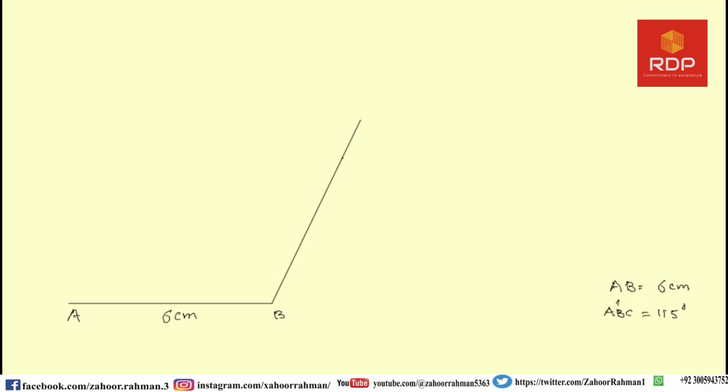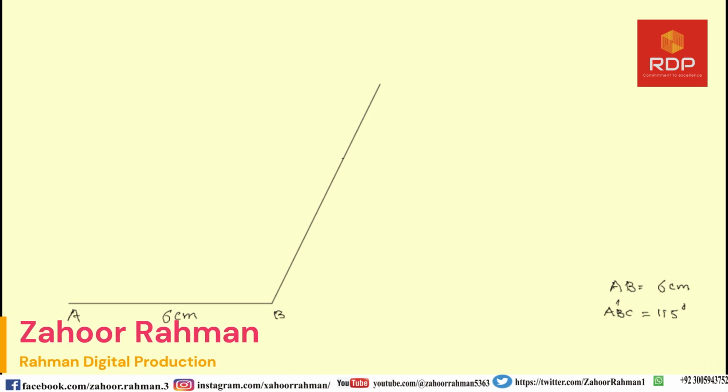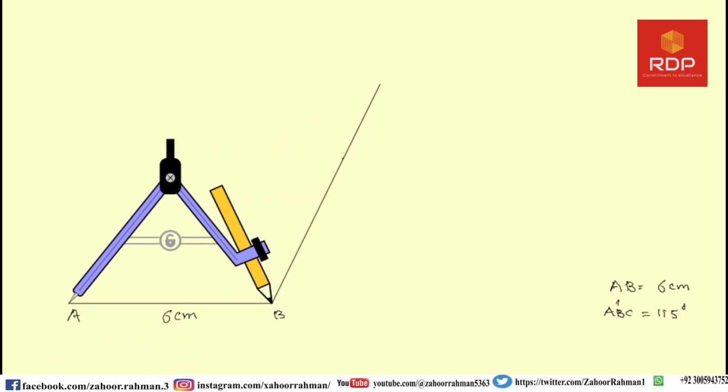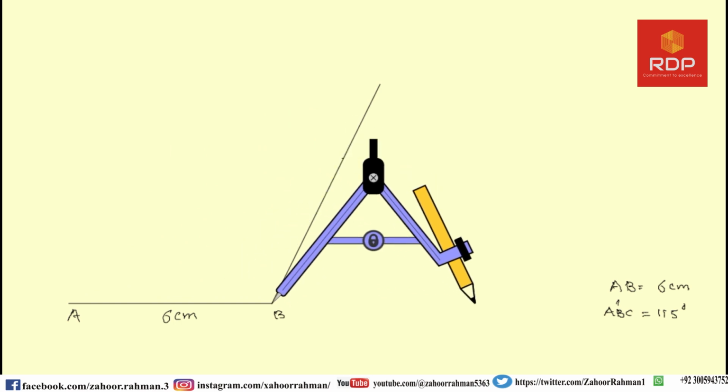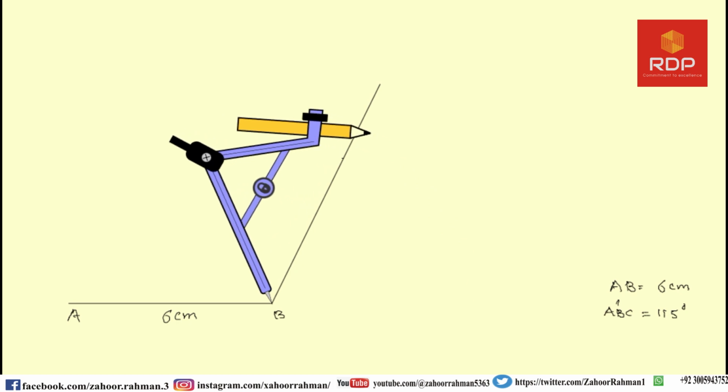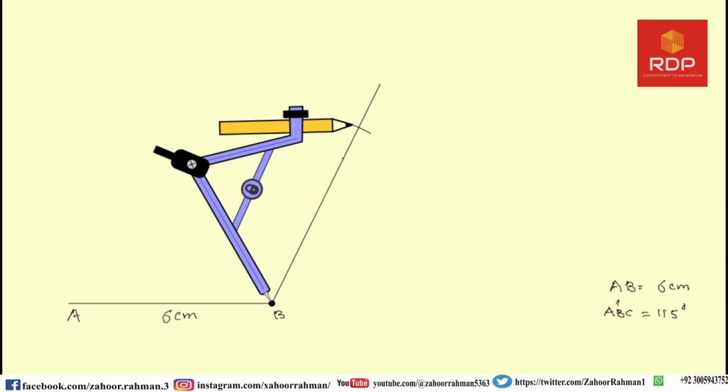So I have to connect this line passing through that point, and let us open this arm equal to 6 centimeter, and here I will make an arc, as small an arc as possible. So this will also be equal to 6 centimeter.